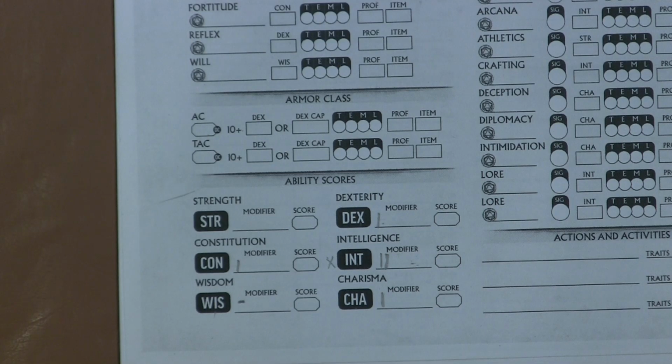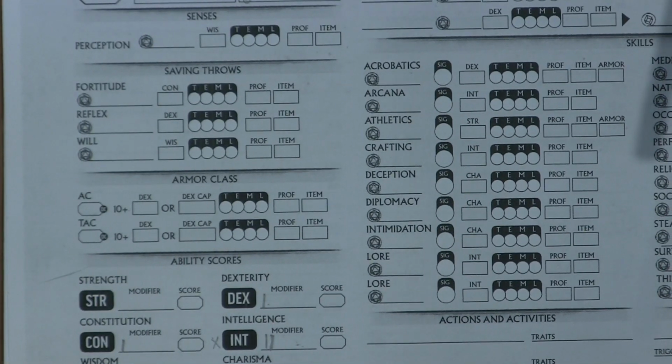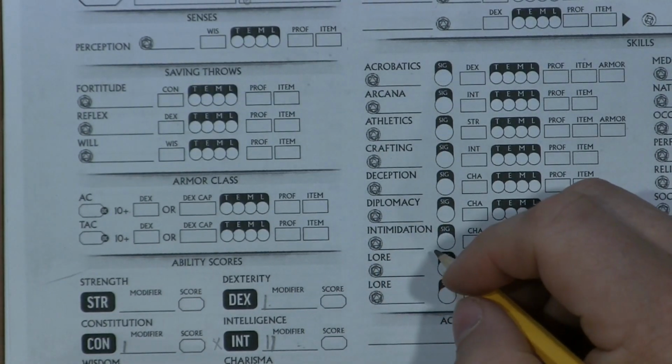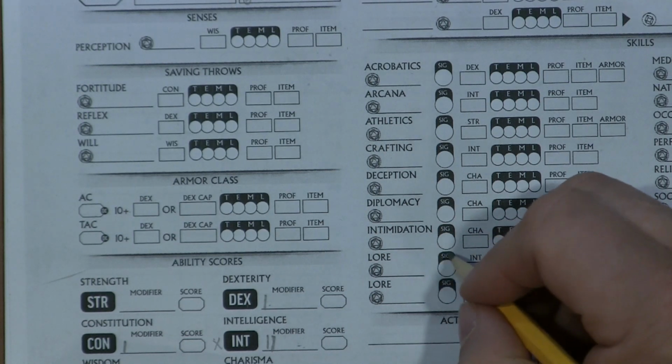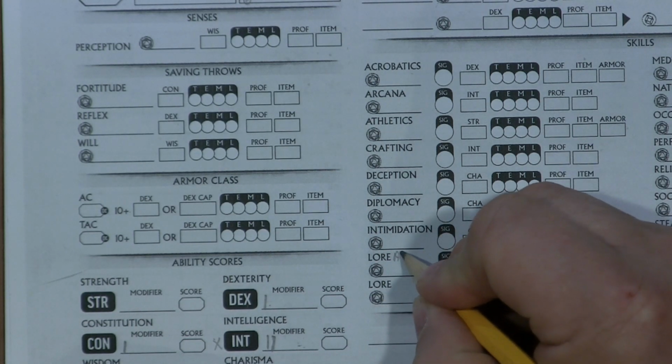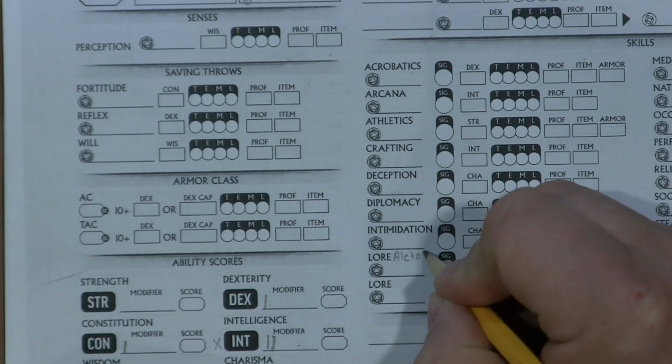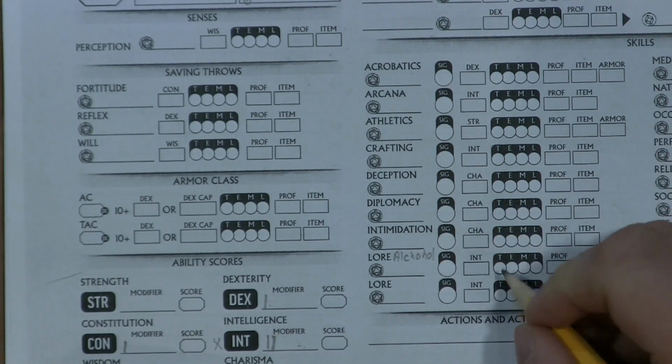And then you gain the Hobnobber feat, but since I'm on this page, I'm going to just pop over here to Lore, and I'm going to write in Alcohol. And he's trained in it.